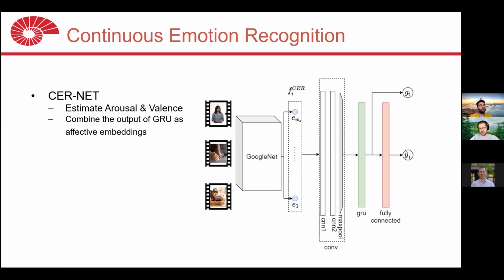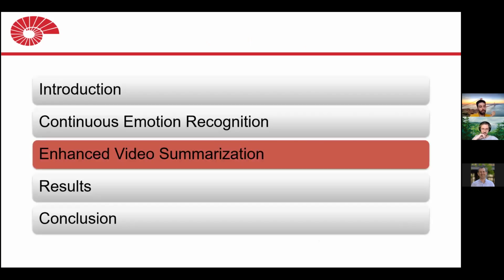This network is trained with the concordance correlation coefficient, because the affective computing field measures the performance of systems using this coefficient. It's basically a correlation coefficient that also penalizes the mean differences between the estimated and reference values. So by taking that, let's move on to how we fuse this affective information in twofold.